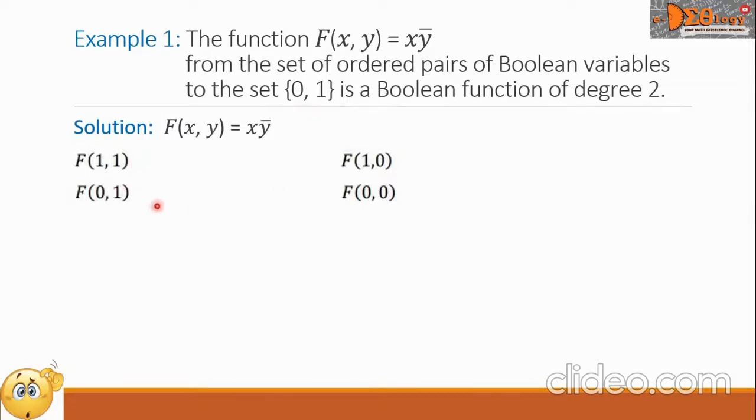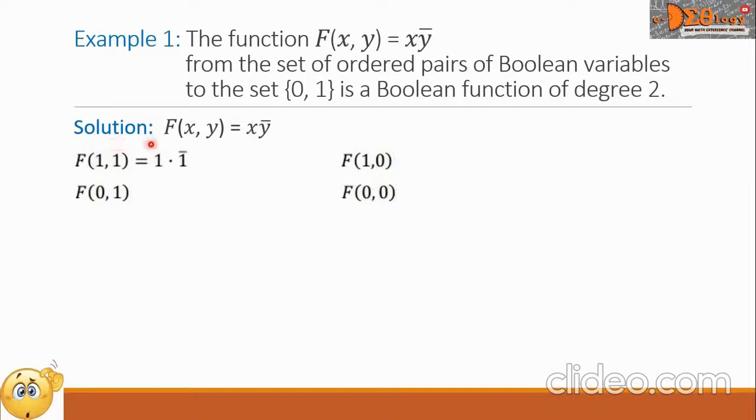So we have here 4 combinations: F11, F01, F10, F00. And from here, let us evaluate the values using the right side pattern. So the first number is for the x, the second number is for the y.